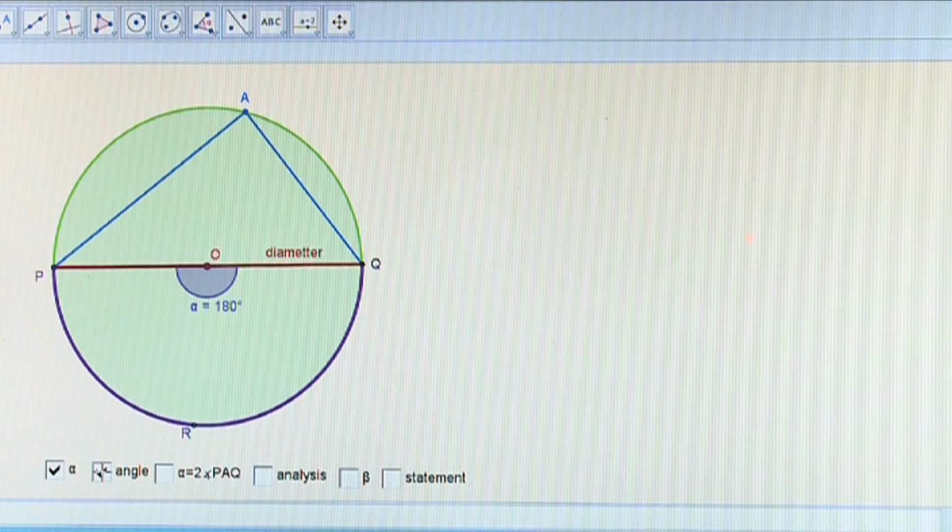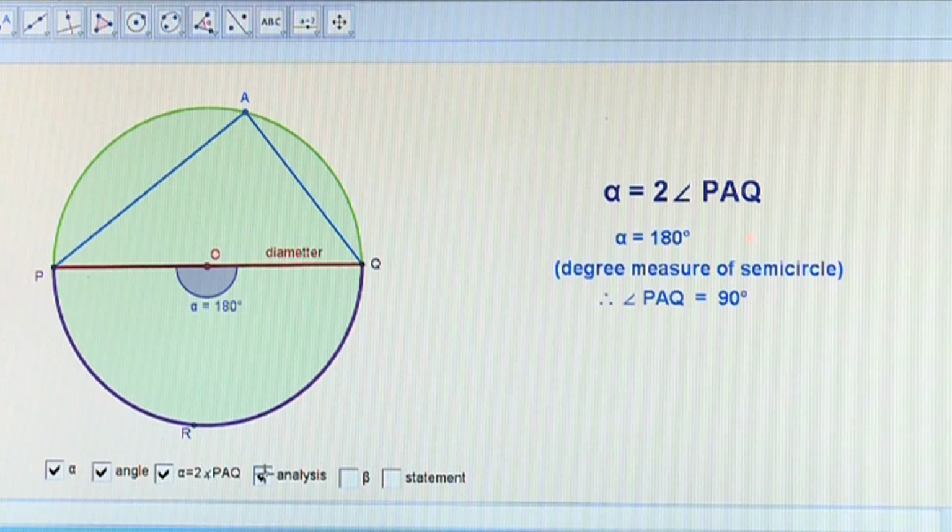Can you predict the measure of angle PAQ? Yes, you know that central angle is double of the inscribed angle. So, alpha should be equal to 2 times of angle PAQ. Then the measure of the angle PAQ should be equal to 90 degree.